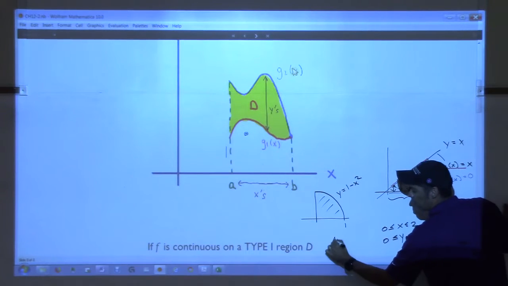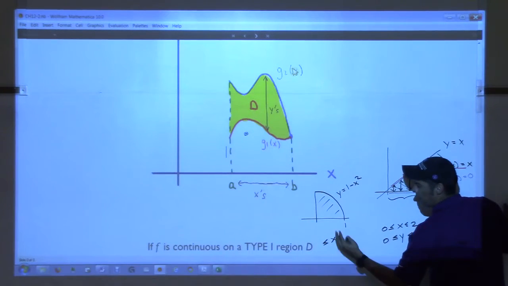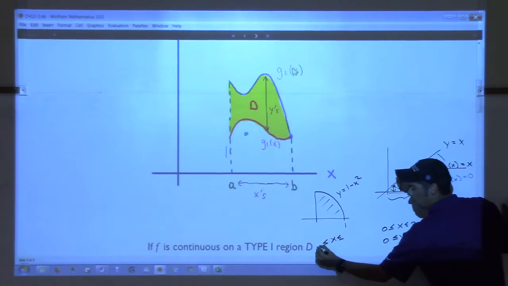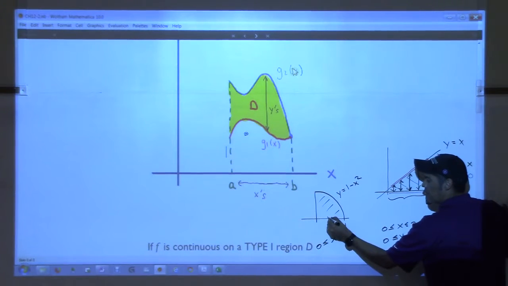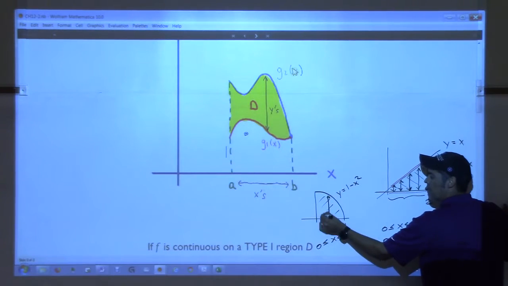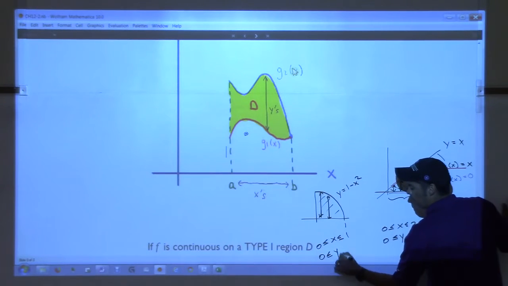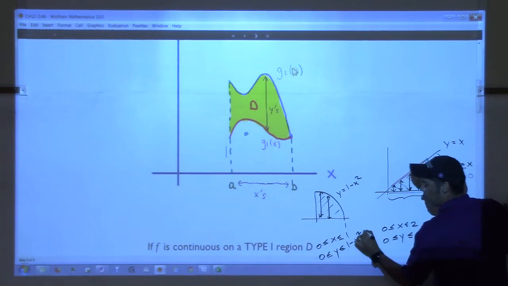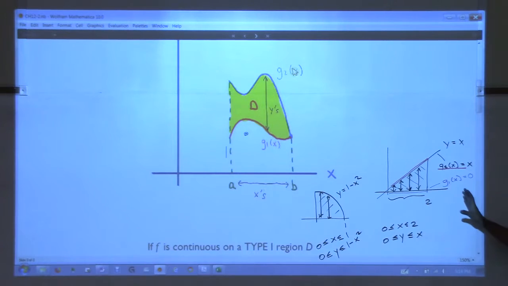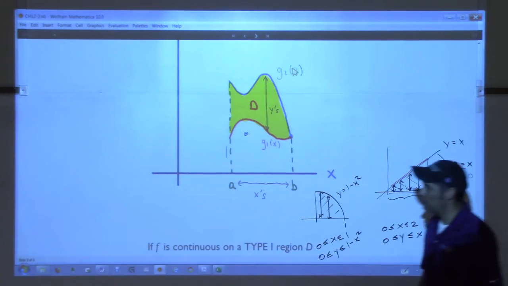Here, your x's are between 0 and 1. And then your y's are always stuck between 0 and 1 minus x squared. Does that help a little bit to see it that way? How about this one?